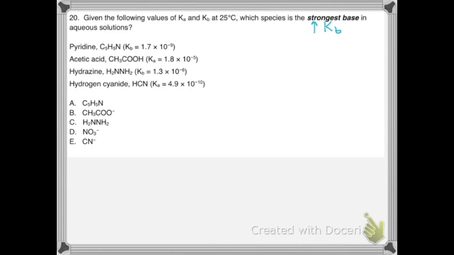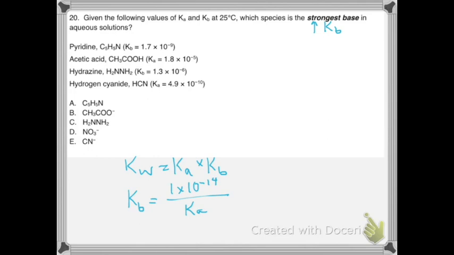Let's make sure we have Kb's for everything that we can compare. And a reminder that Kw is equal to Ka times Kb. So Kb can be equal to 1 times 10 to the minus 14 divided by Ka, in case we need to do any conversions.